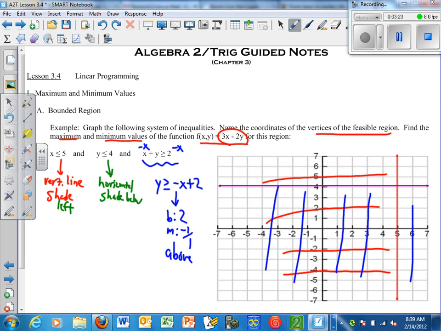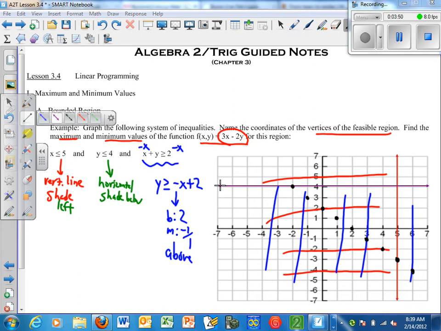So let's go ahead and graph that. I'll do black this time. Y-intercept is 2. Down 1, right 1, down 1, right 1. Up 1, left 1, up 1, left 1. So what I do is I continue until I get, okay, right there, and it would go there. So let's draw that solid line.